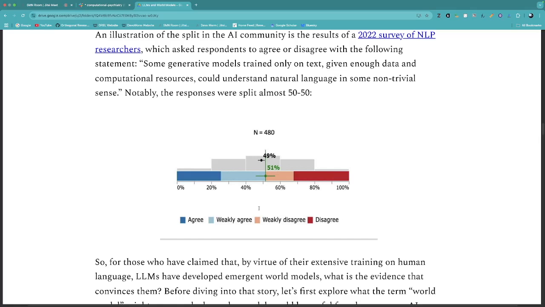And maybe we're being trolled here, but it seems like it's almost perfectly distributed between agree, weakly disagree, and disagree, with disagree being slightly more popular than the other options. It seems like people either are throwing darts at a dartboard or it's really contentious.